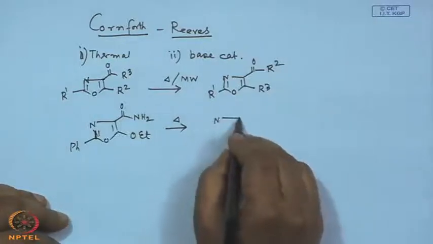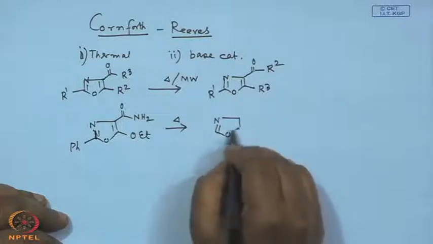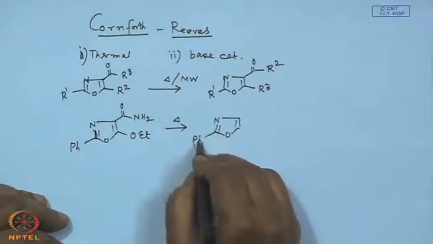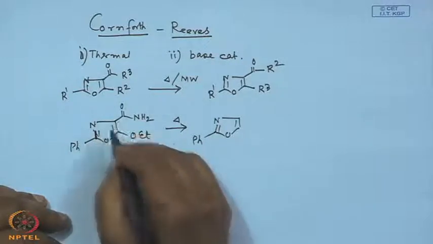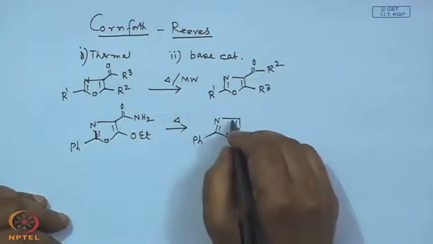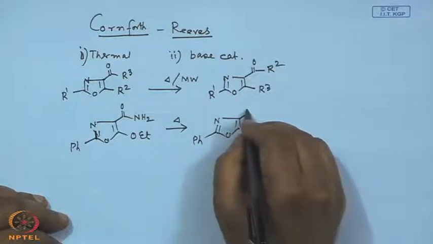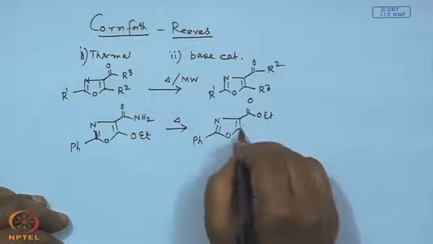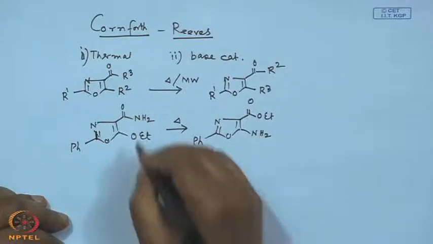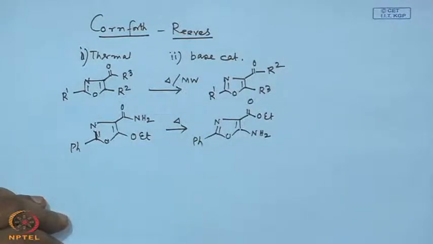That means this ring skeleton is unchanged, this portion is unchanged, then the 2 position is unchanged. So, 1, 2, 3, 4 and 5 undergo changes, and in this case you will expect OH here and NH2. That means the positions of NH2 and OH interchanged.